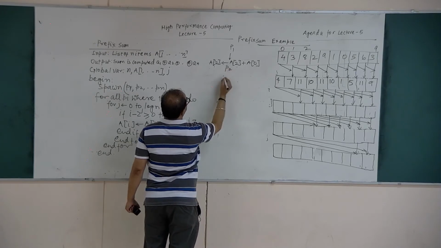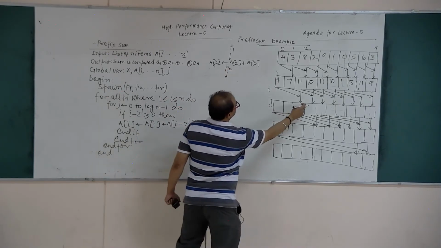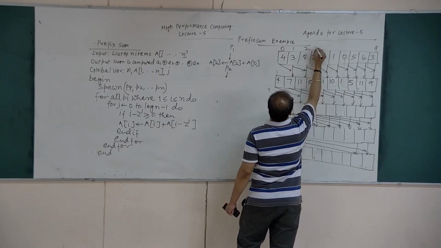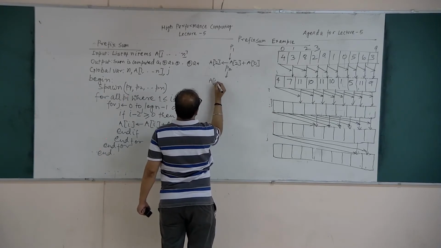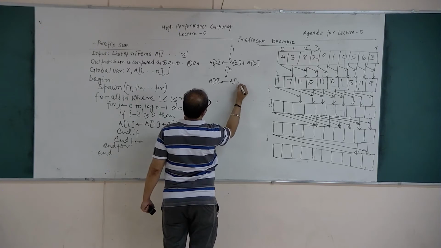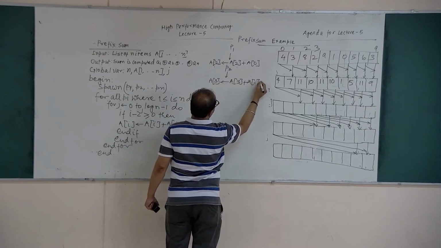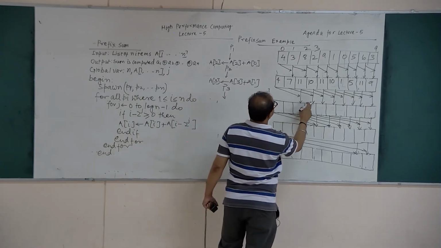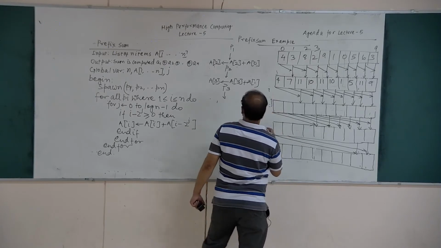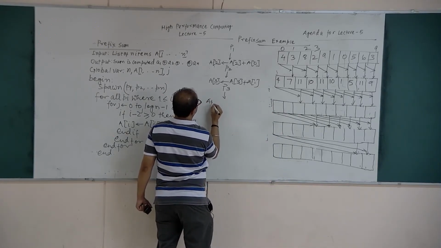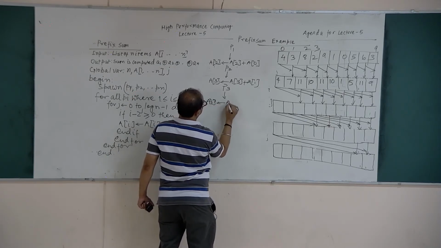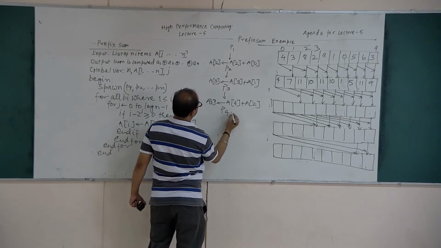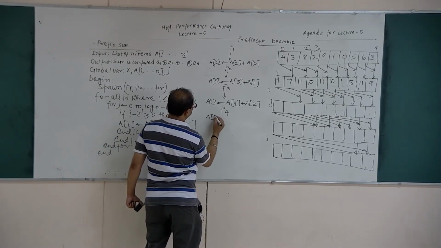Processor P2 is adding the element at A3 plus A1, and processor P3 is adding the element at A4. P4 is adding the element at A5 and A3.